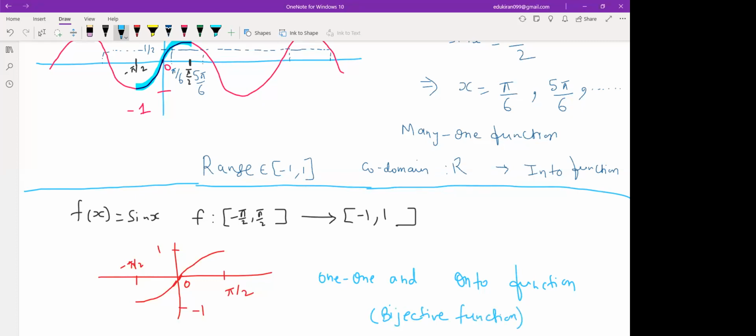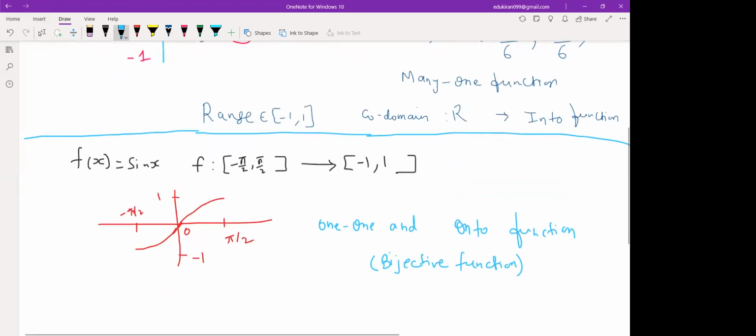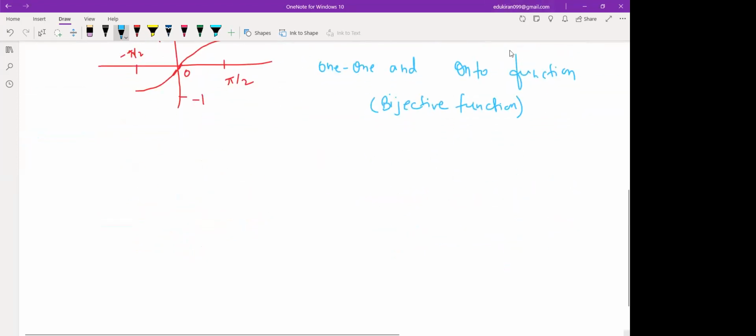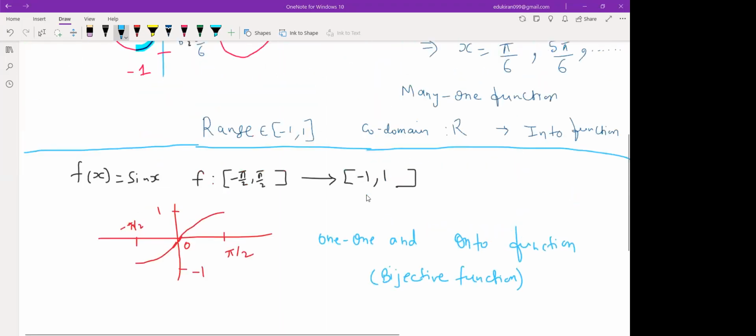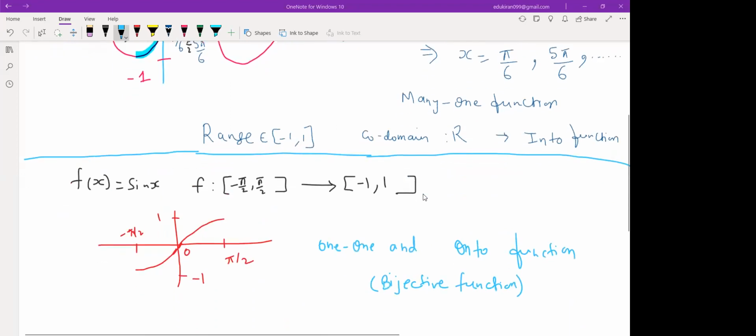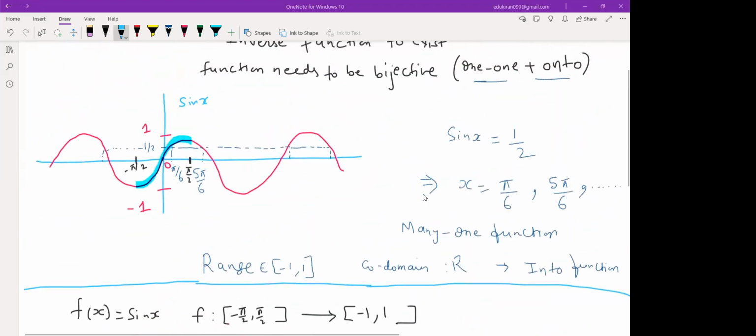Now, if we have the bijective function, like if it is written that this is the sin x function, and you are asked to find... Madiha is asking what one-one is. One-one means for one image you have one pre-image, whereas many-one means for one image you have many pre-images.